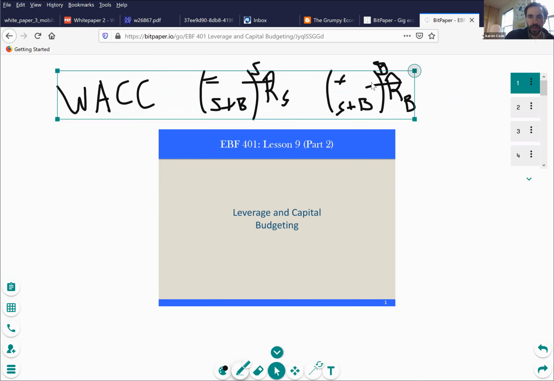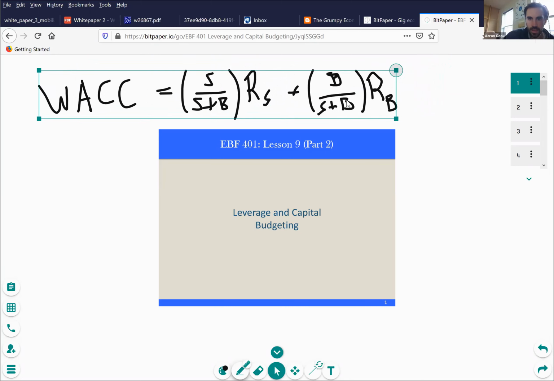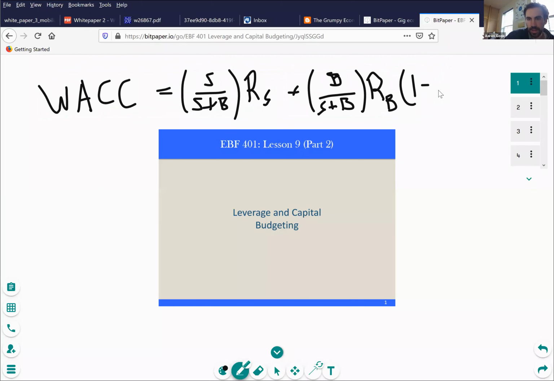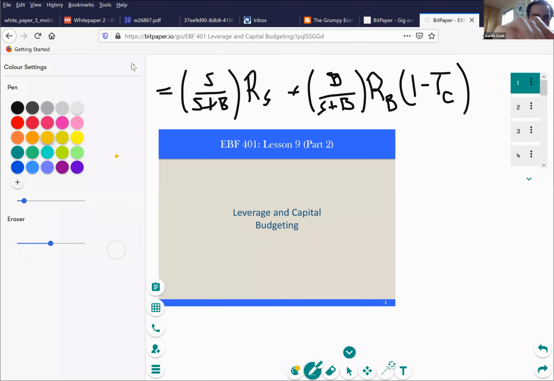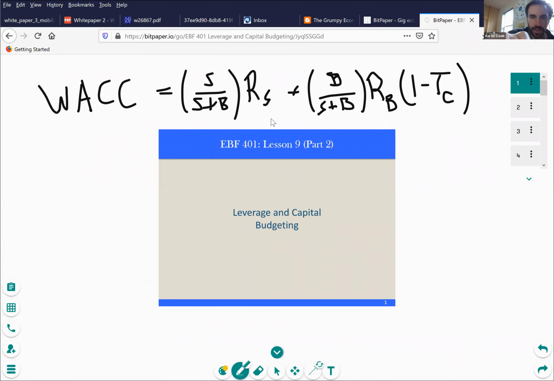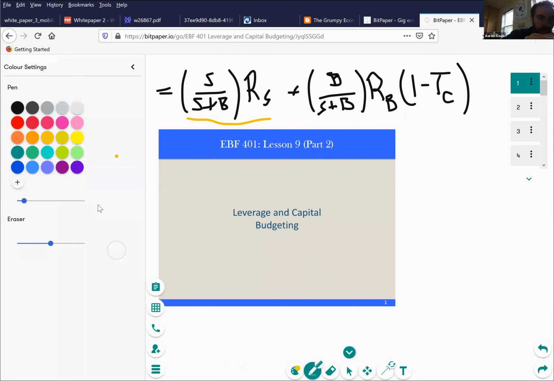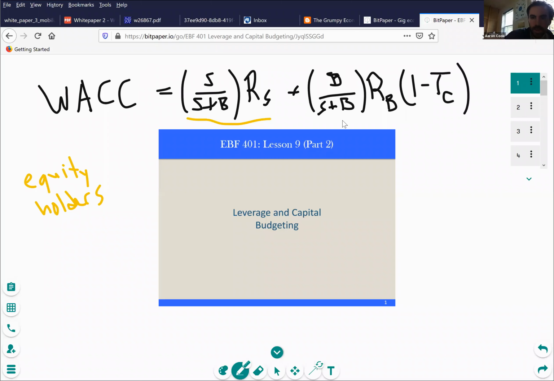And then if these interest payments are taxable, we have to make an adjustment to the right-hand side here for the cost of debt, and we multiply that by 1 minus the tax rate to get the actual after-tax cost of debt. So the WACC consists of returns to equity holders, and it consists of returns to bondholders.